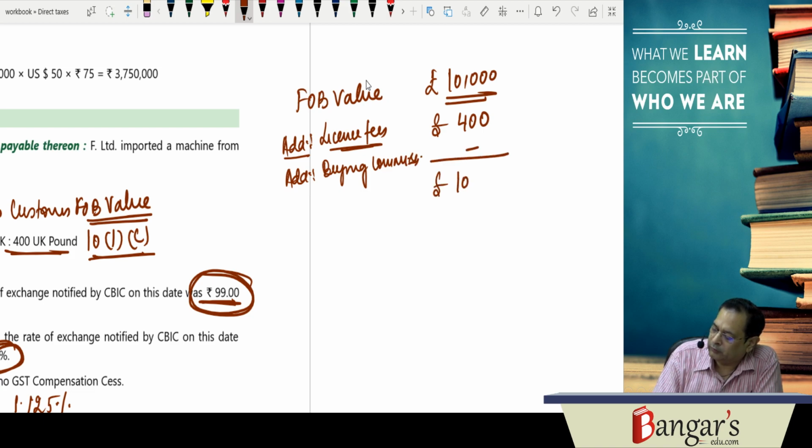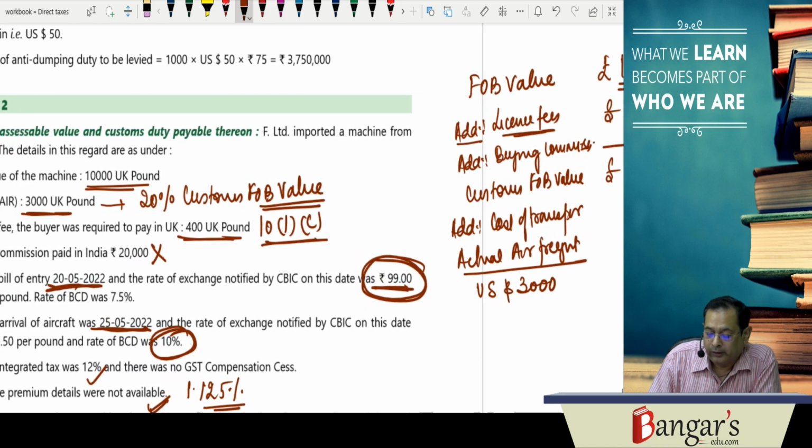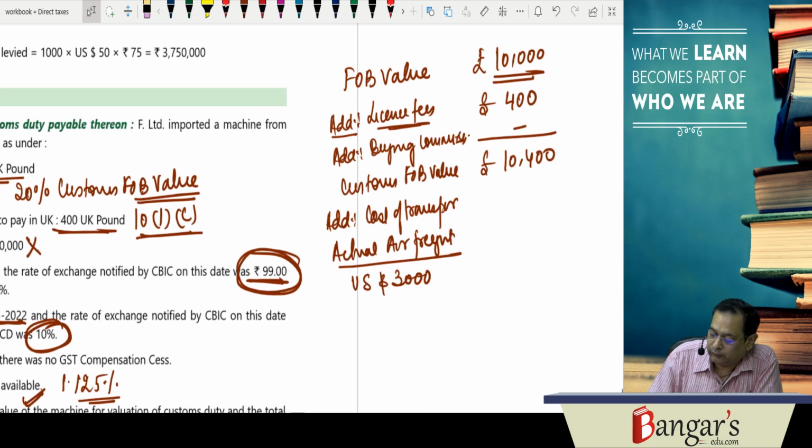Dollar 10,400 is the customs FOB value. Okay, add cost of transport. Actual air freight is US dollar 3,000.